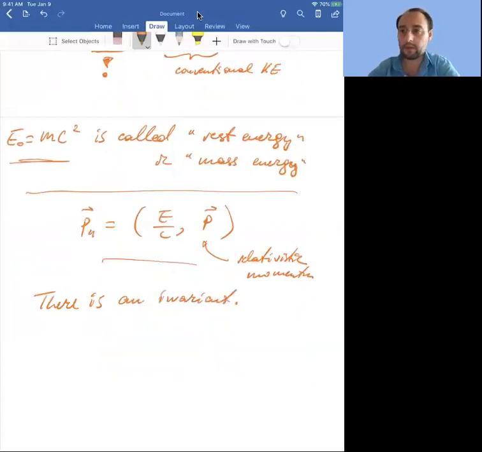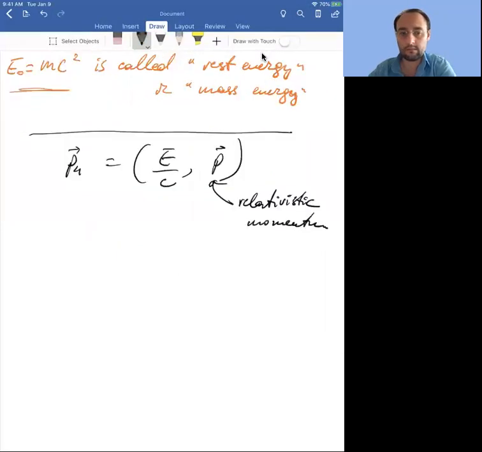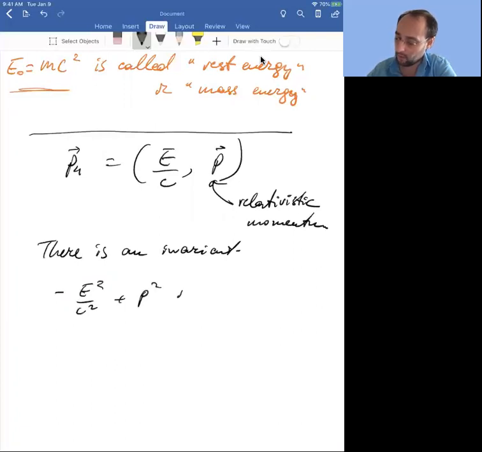So there is an invariant, which is minus E squared over c squared plus p squared. Or if I write in terms of components, minus E squared over c squared plus px squared plus py squared plus pz squared. Remember, this is relativistic p, so it has the gamma in it, gamma times the regular p, mv.